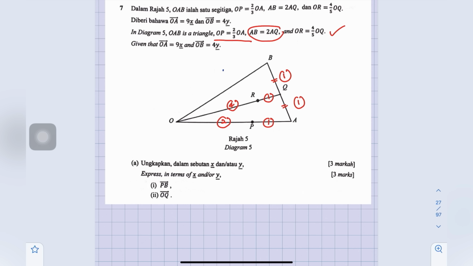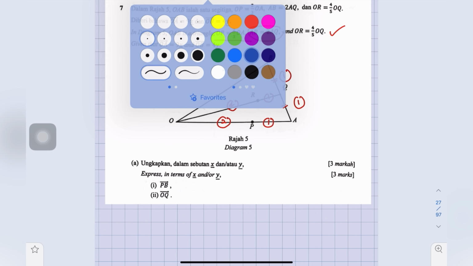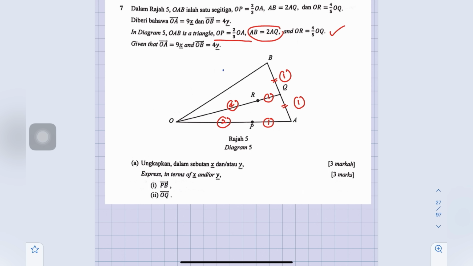Okay, so vector OA, this one is 9x, and vector OB is 4y. So for vector OA is 9x, since the ratio OP is 2, PA is 1, so this one we can say is 6x, and this one 3x.